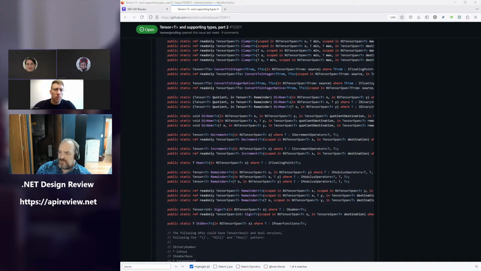They're here mostly for parity with the generic math interfaces, so that there's a consistent story: scalar, vectors and tensors all being consistent between themselves. But they are a case where they are not actually strictly required. And I wanted to call that out explicitly.